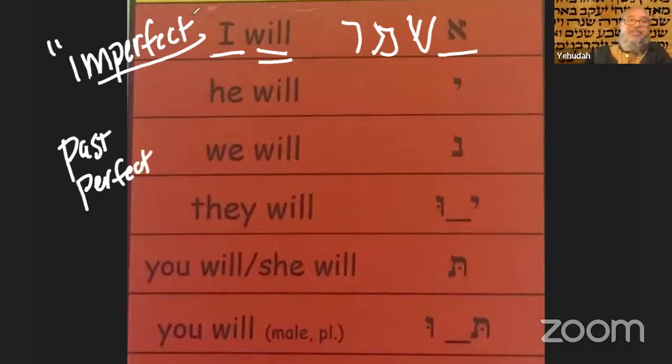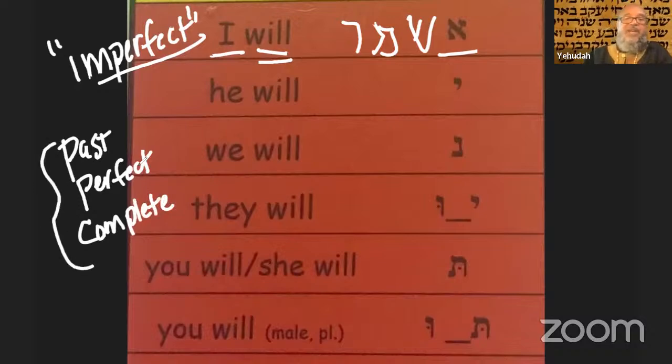Did you catch that? The past is perfect. It's complete. Let this resonate. So what does it mean? You really shouldn't be looking at the past to try to change anything. It's already done.